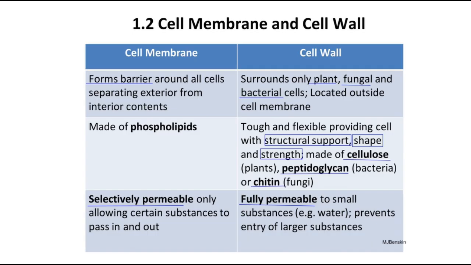So going back to the cell membrane now, in terms of what the cell membrane is made up of, we can see it is made of phospholipids. So you don't need to know the details of that until, if you're doing CAPE or whatever, then you will go into more details of the actual structure of the cell membrane and how the phospholipids look. So that's just a little comparison between the cell membrane and the cell wall.